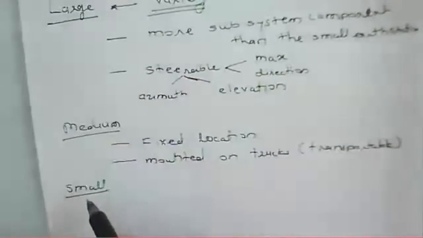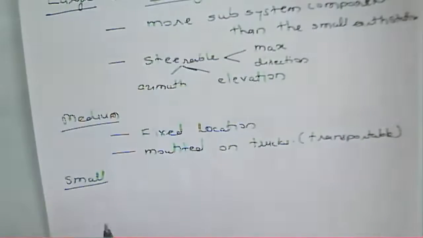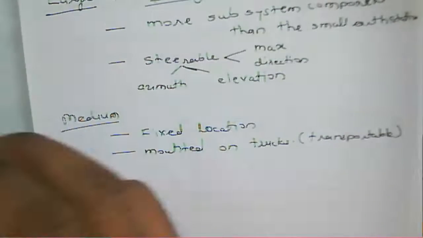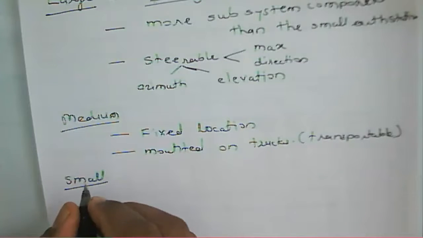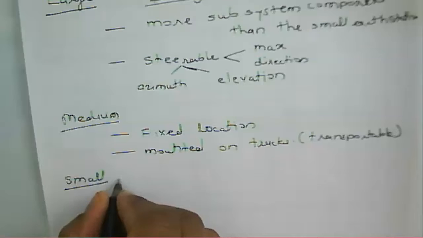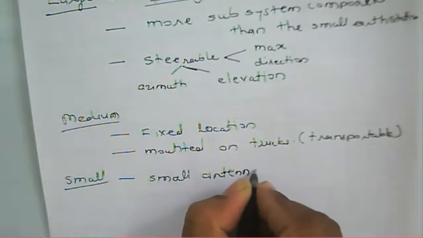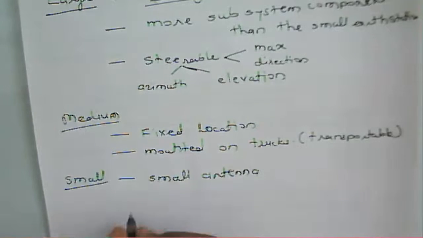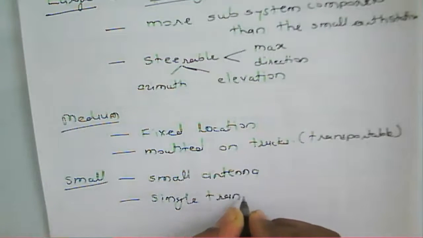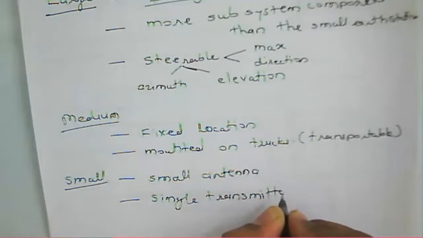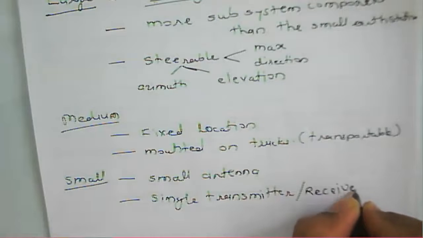Based on this large, medium, and small antenna size, they have various types of earth station. Now, in the case of a small earth station, it has a small antenna, as we have said, and it has a single transmitter as well as a receiver.